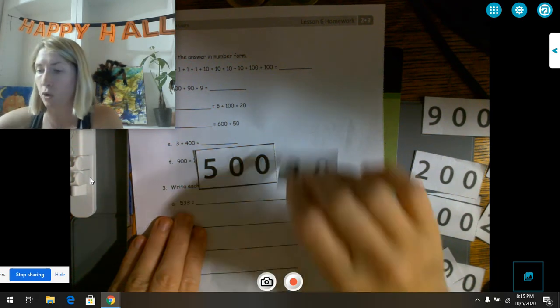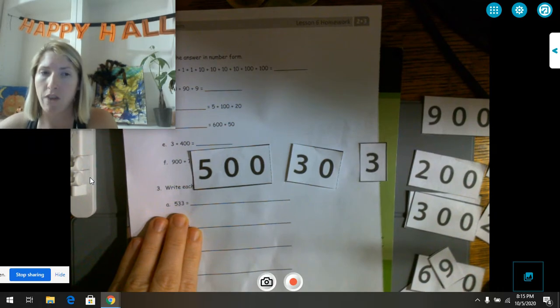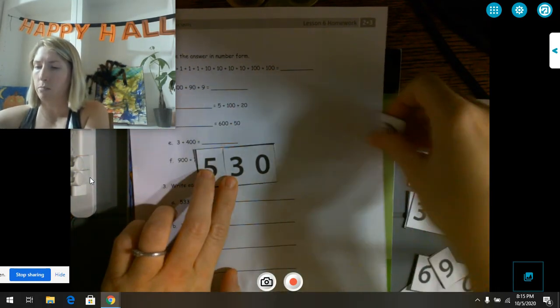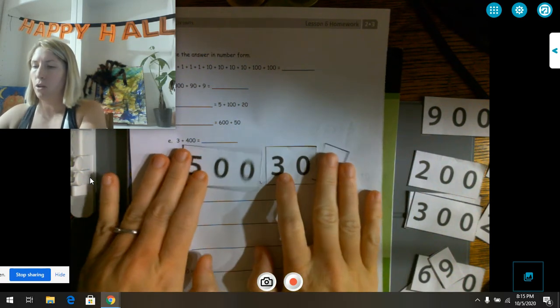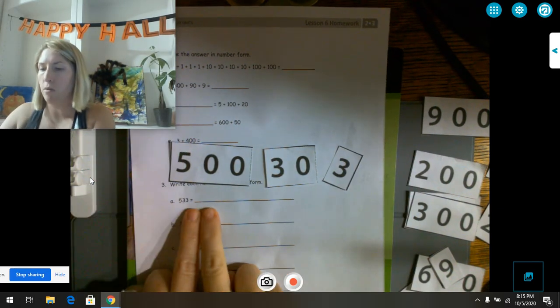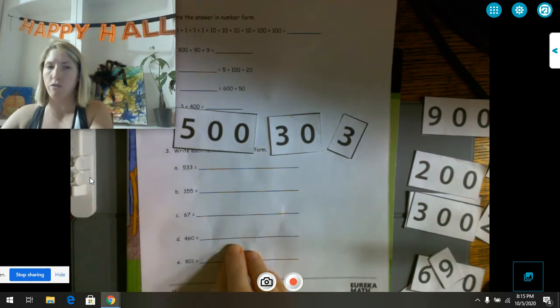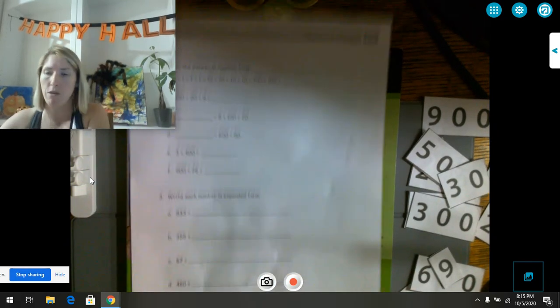So if you're going to do it without using the hide zero cards, you need to make sure you know what you're doing. 533. So you would make sure it does build the correct number. 533, yep. And then you'd pull it apart into expanded form, and you would write 500 plus 30 plus 3. Okay, that's what you're going to do for all of these in this section. So you're going to be writing out the expanded form that you just learned.